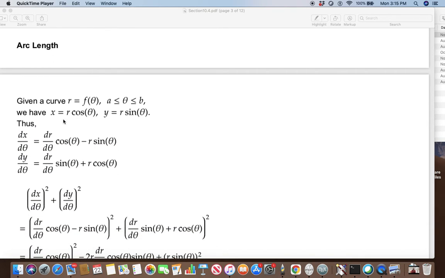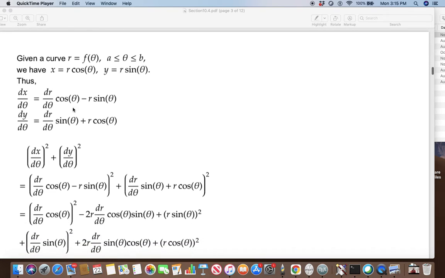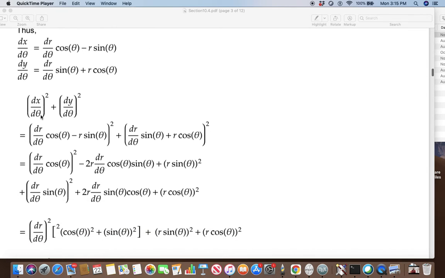Likewise, arc length. Given a curve r equals f of theta, x is r cosine theta, y is r sine theta. We have seen this before. dx d theta, you use the product rule, correct? dy d theta, you use the product rule. So, dx d theta squared plus dy d theta squared, you square these, use the complete square formula, square minus 2 times the cross term, plus r sine theta squared.